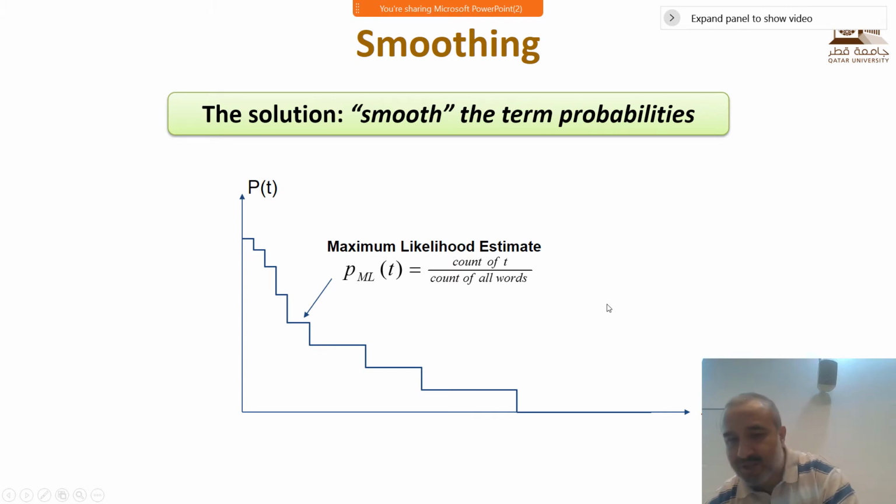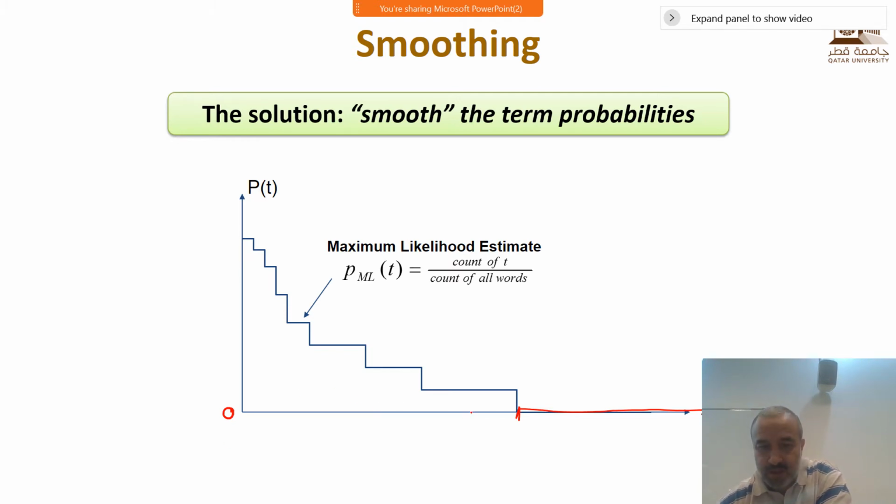So all starting from here until the end of the vocabulary list, all of these words have 0 probability. Few words have non-zero probabilities.